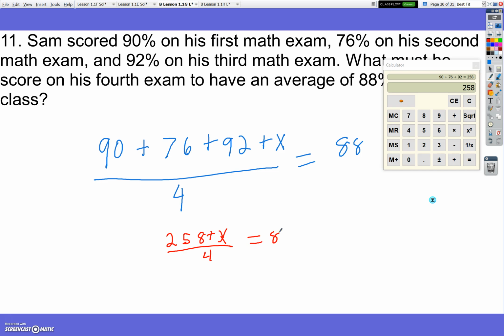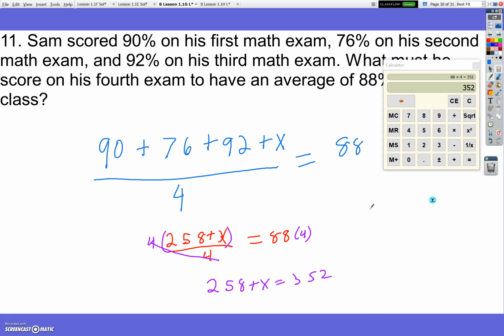And that's going to equal 88. So the next step, what you do is multiply both sides by 4 to have these cancel, and we'll have 258 plus x is equal to 88 times 4, which is 352.